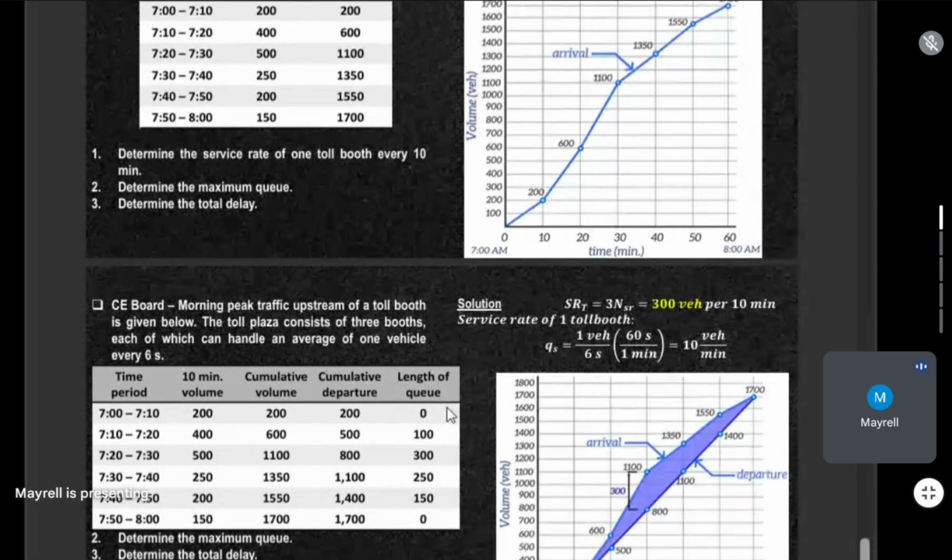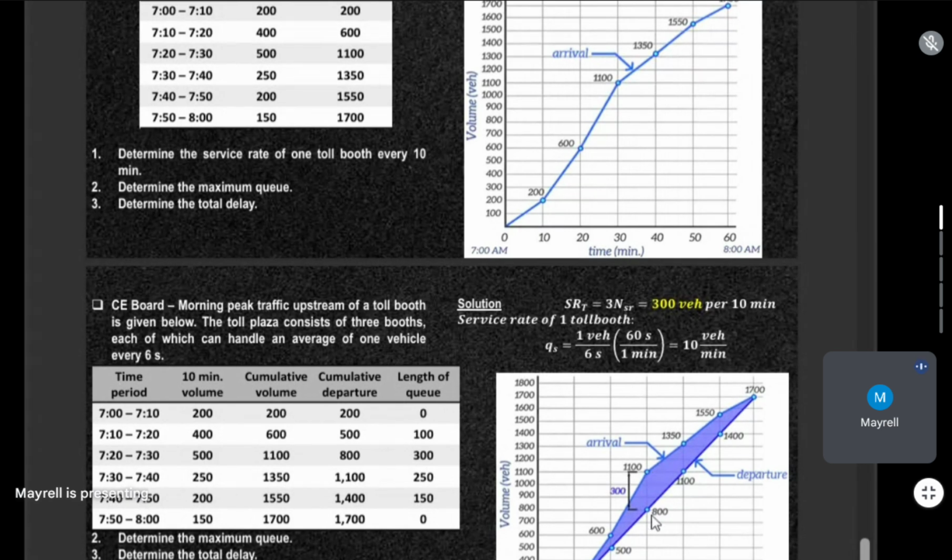So from this graph, you can see that the maximum queue is at 7:20 to 7:30, where there are 300 vehicles. Maximum queue is 1,100 minus 800, so 300 vehicles.